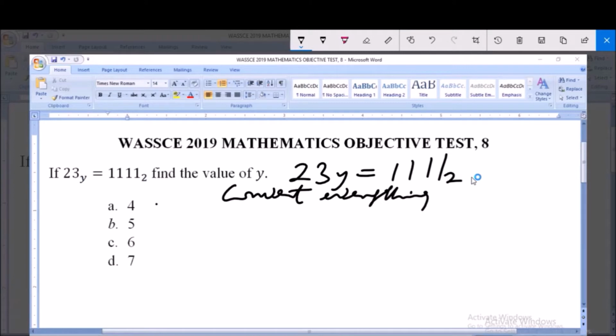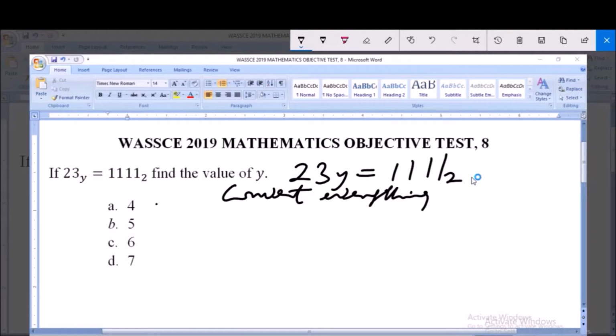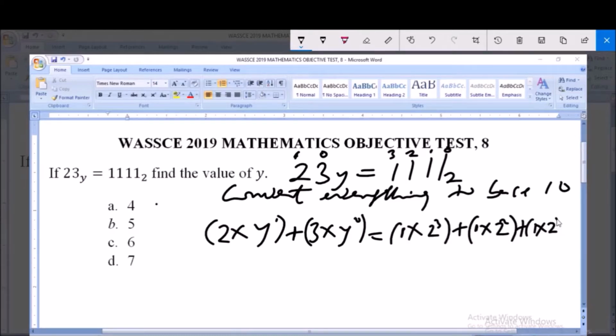By converting to base 10, we have 2 multiplied by y raised to the power of 1, plus 3 multiplied by y raised to the power of 0, equals 1 multiplied by 2 raised to the power of 3 plus 1 multiplied by 2 raised to the power of 2 plus 1 multiplied by 2 raised to the power of 1 plus 1 multiplied by 2 raised to the power of 0.